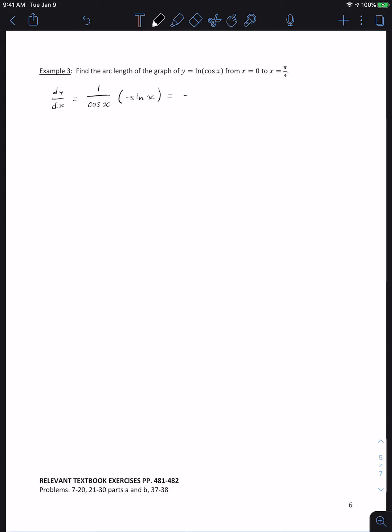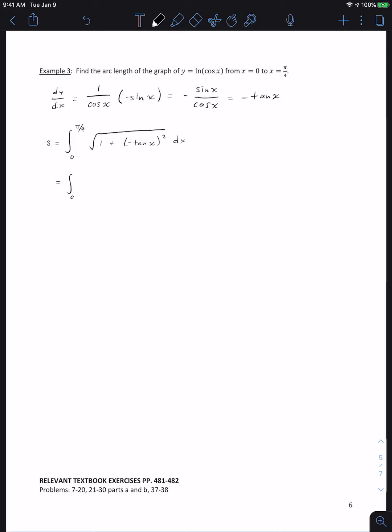All right, so this is negative sine x over cosine x, which is negative tangent of x. Okay, and now we move on to our formula. Our arc length is equal to the integral from 0 to pi over 4, because that's what the problem tells us. 1 plus our derivative, which is negative tangent x squared, all underneath the square root, dx.